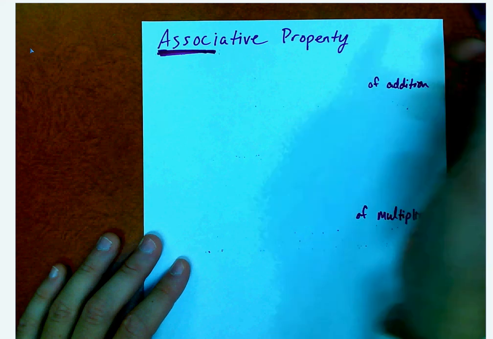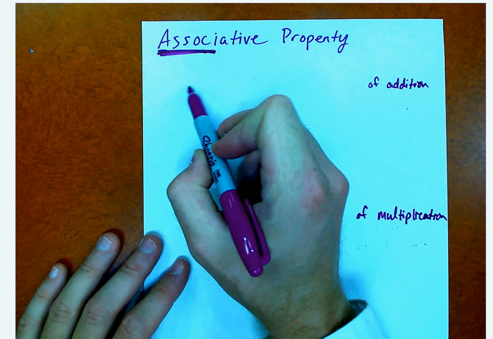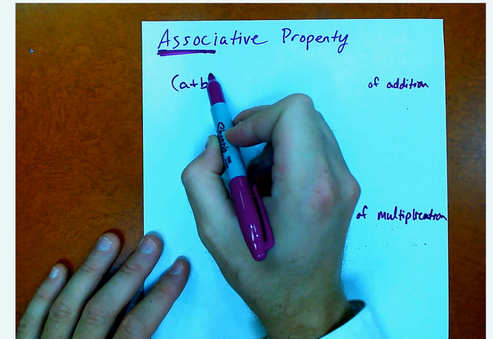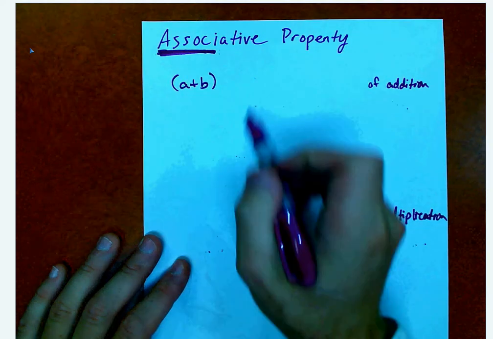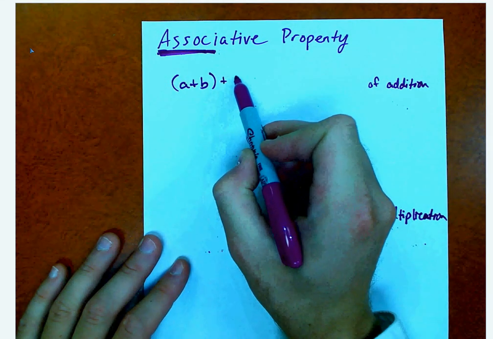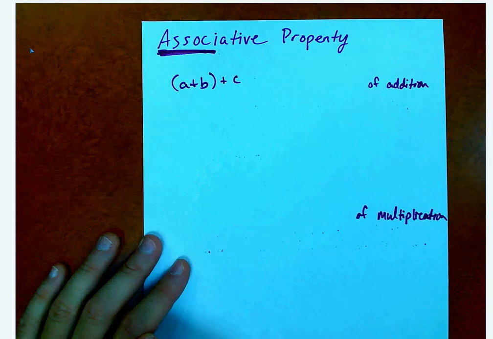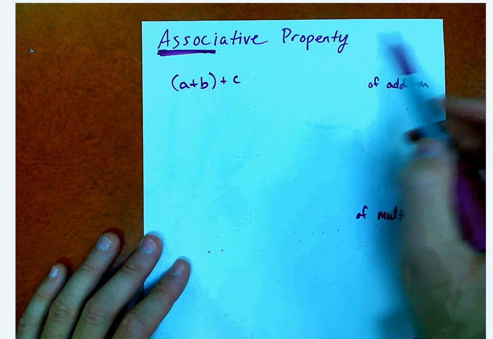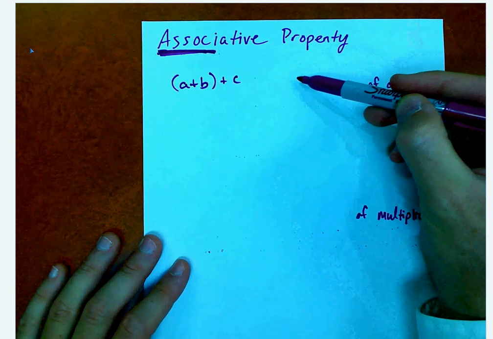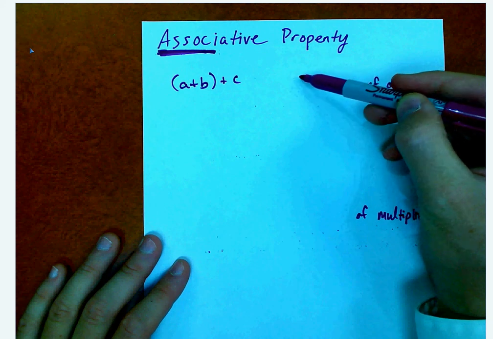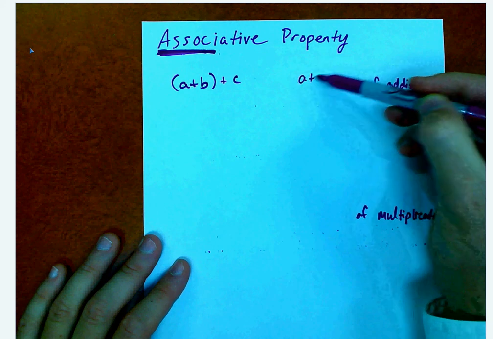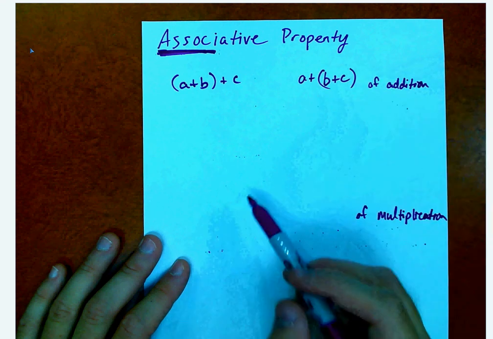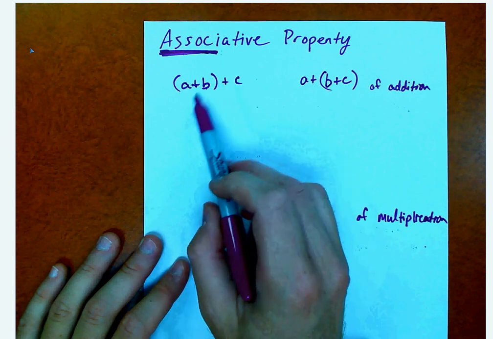The associative property of addition says that if you are adding two numbers together and they are grouped with parentheses, and then you add another number, if I change which numbers they associate with, for instance, I just move the parentheses to say maybe A plus (B plus C), I've changed which number B associates with.